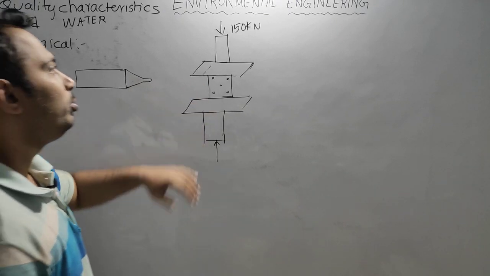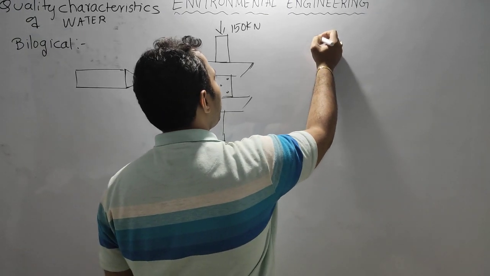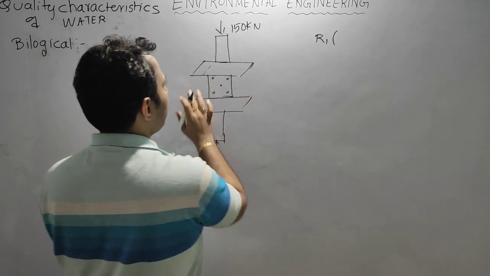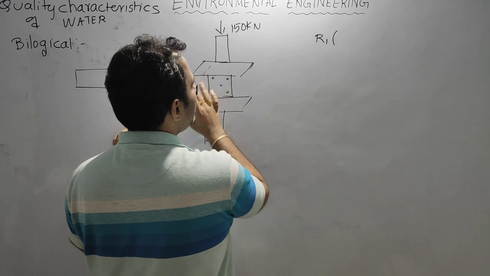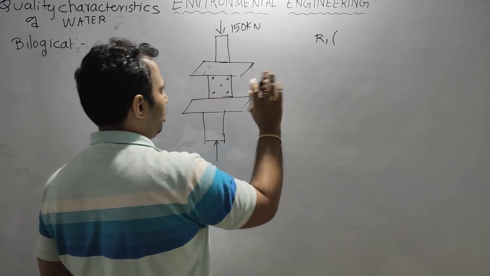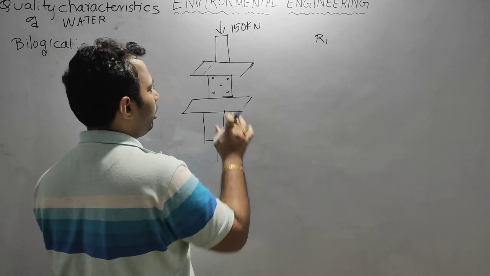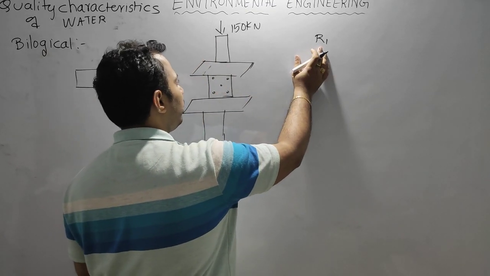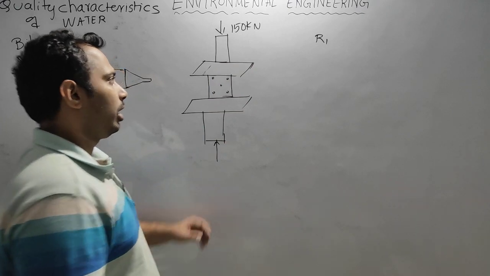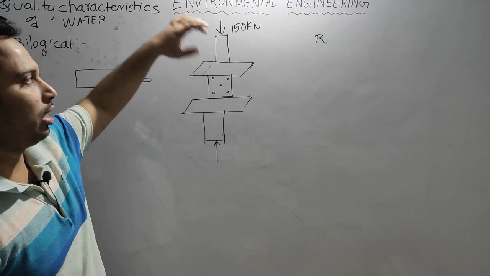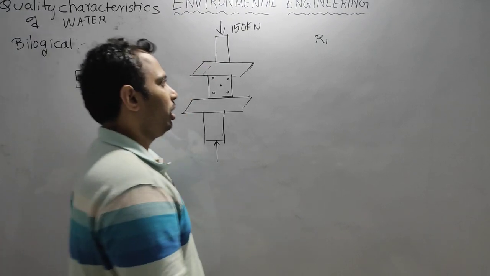So for this cube the rebound number is R1, the average of all 5 readings we have taken. Now I will crush this cube in the compression testing machine and find its crushing value, and I got a crushing value of F1.